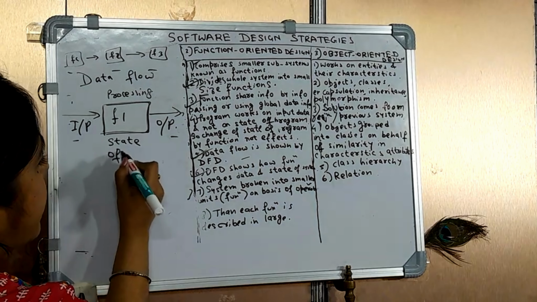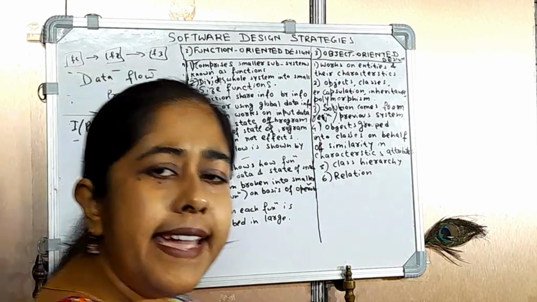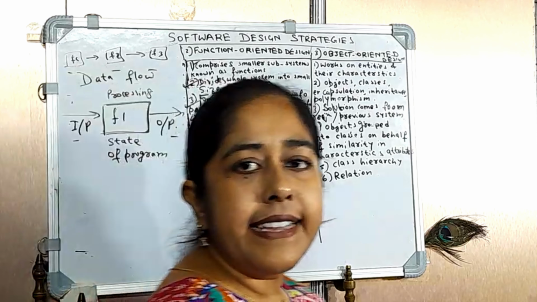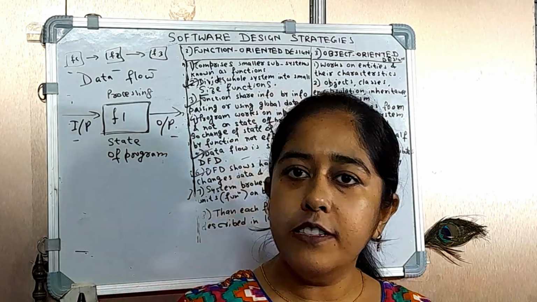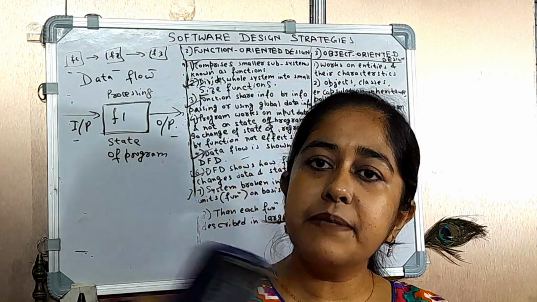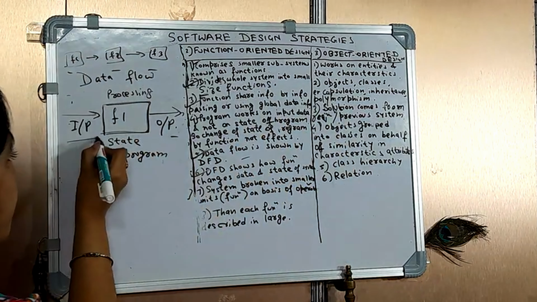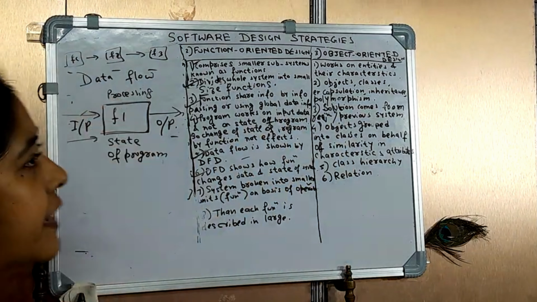Now, what is the state of my program? Maybe it can be active, inactive, or idle. These things, the state of my program, change when a function is called. Mainly the state of the function, that is the state of the program, changes. But the input you provide never changes.